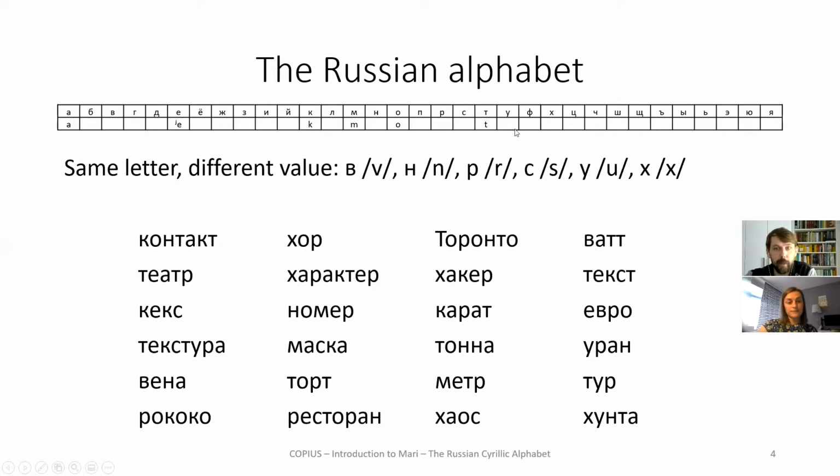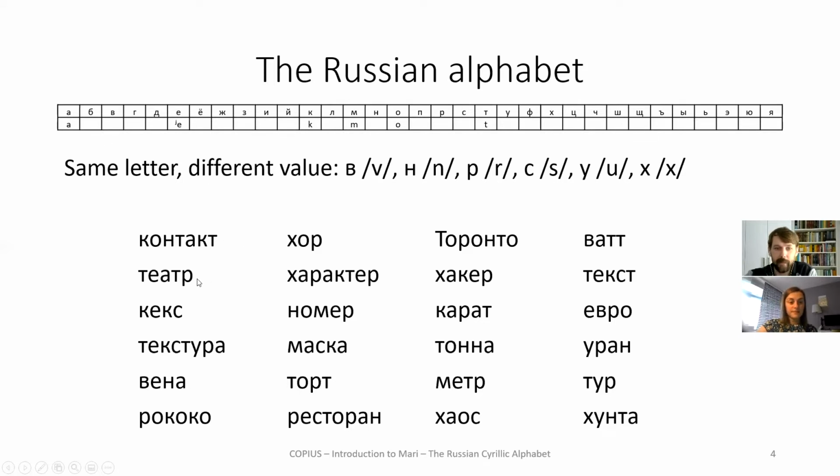And as you see up here, we now already have the first 6 letters on the cheat slip. So the letters we have here are В, Н, Р, С, У, Х.